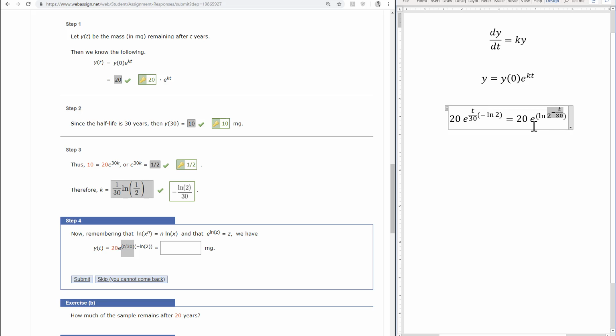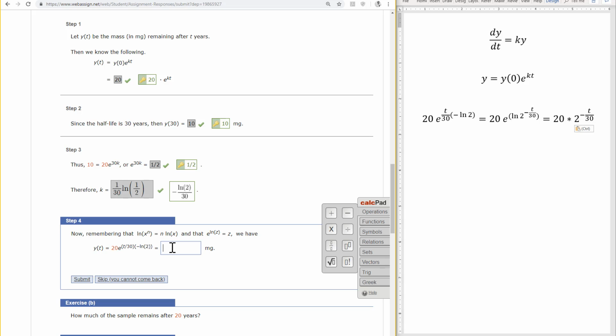What we're going to have left here is the 20 that's sitting out in front, and then the e and the ln would undo each other, and so we would just have times 2 raised to the negative t over 30. So let's see if we can put that in here.